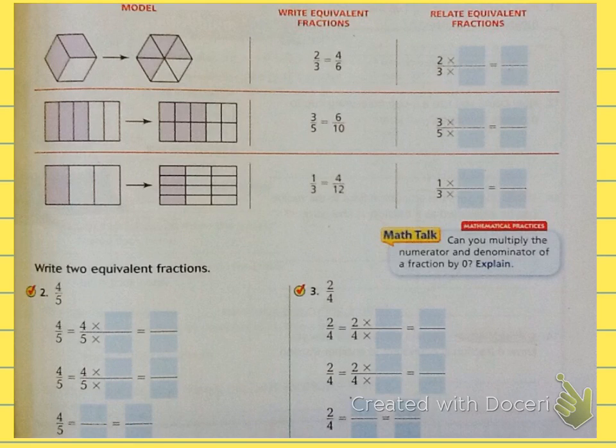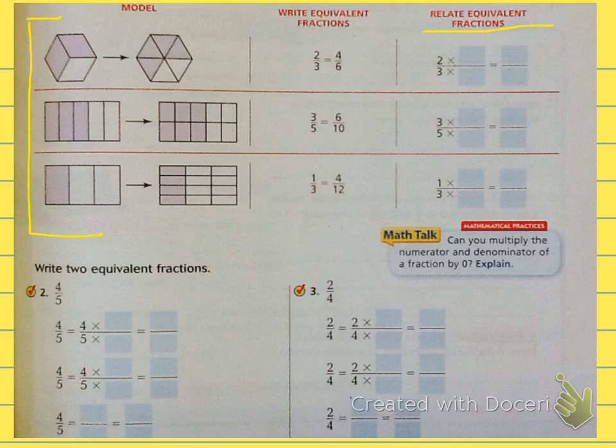Okay, this is your homework for this evening. There's 3 parts. The first part is up in the top over here, over in this area. You're going to look at the model, look at the equivalent fractions, and then in this third part, show us, based on our previous work, how the fraction changed to the equivalent fraction.